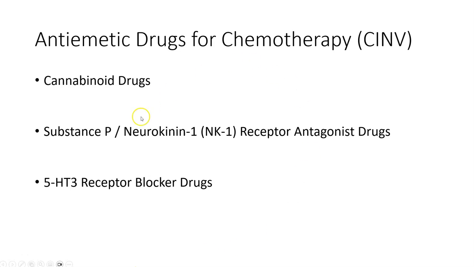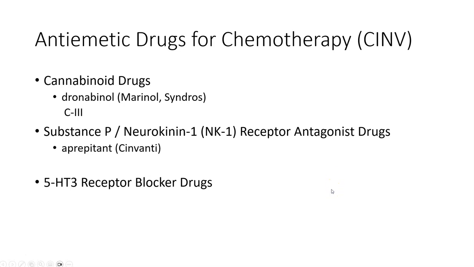We've already discussed these in the GI system, but just as a reminder, cannabinoid drugs like dronabinol, which is Marinol, or Syndros. It's a C3 drug. It's a controlled substance. It's the chemical synthetic form of THC.